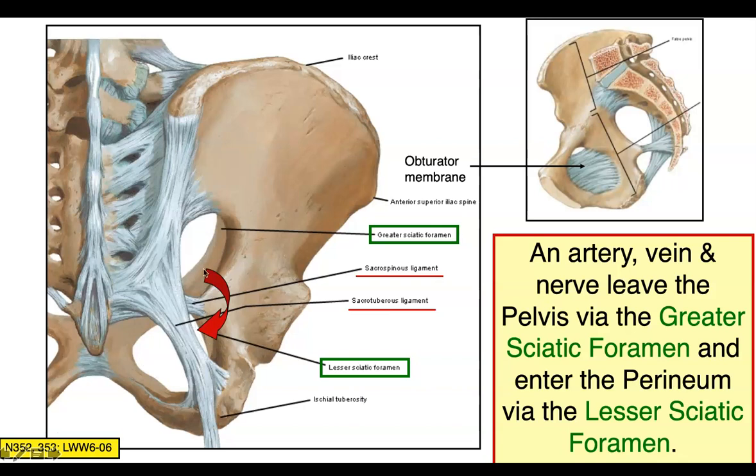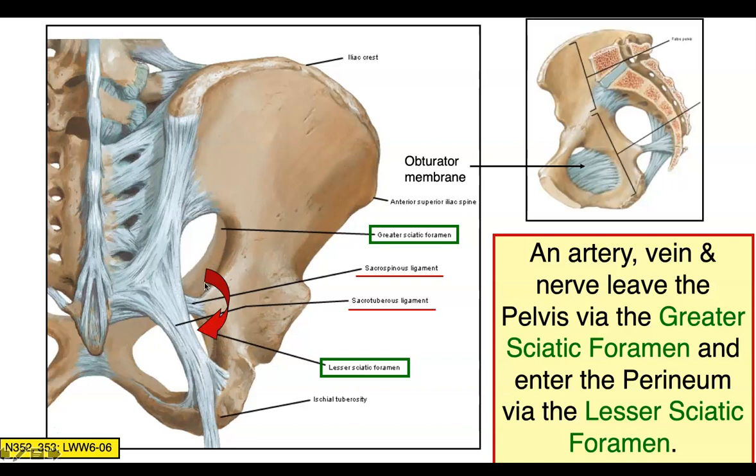You will see all this very clearly when you study the gluteal region. You will see the blood vessels and nerves of the gluteal region passing through the greater and lesser sciatic foramen.